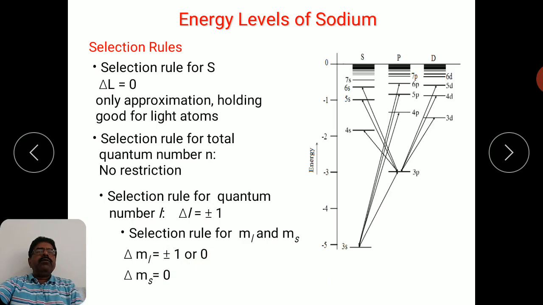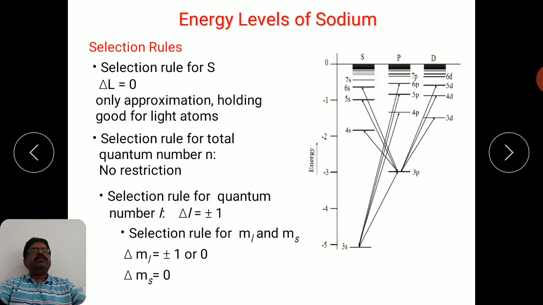Delta ml is equal to plus or minus 1 or 0, and delta ms is equal to 0 for the magnetic spin quantum number ms. So these are a set of rules which are important while understanding the spectra of an element.